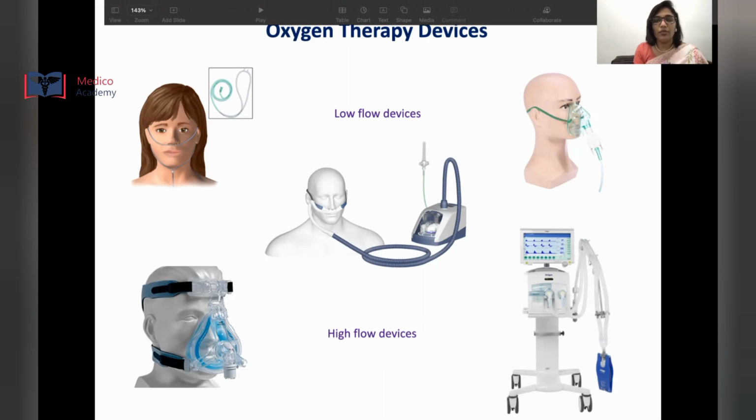The flows that I use in the high flow machine usually range from 20 to 60 liters per minute. The low flow devices or conventional oxygen therapy devices use flows up to a maximum of 20 liters per minute. The high flow nasal oxygen device uses 20 to 60 liters per minute. Beyond that, mechanical ventilators, whether invasive or non-invasive, use flows as high as 60 to 200 liters per minute.